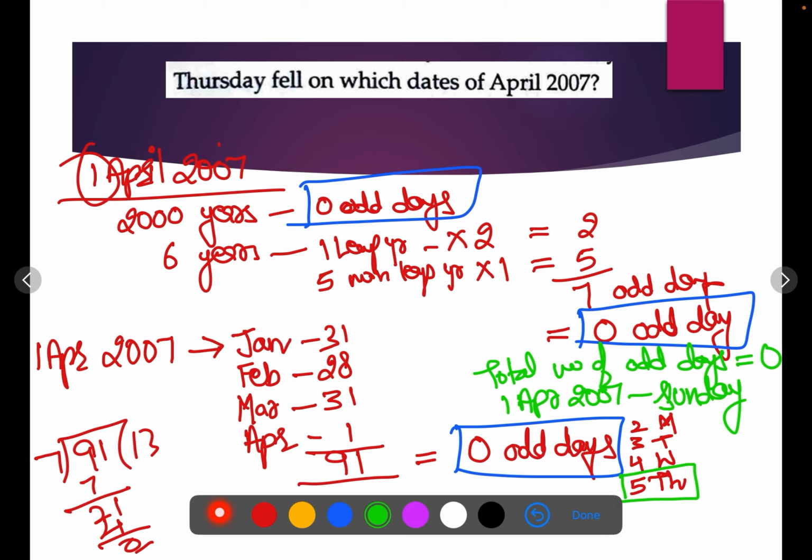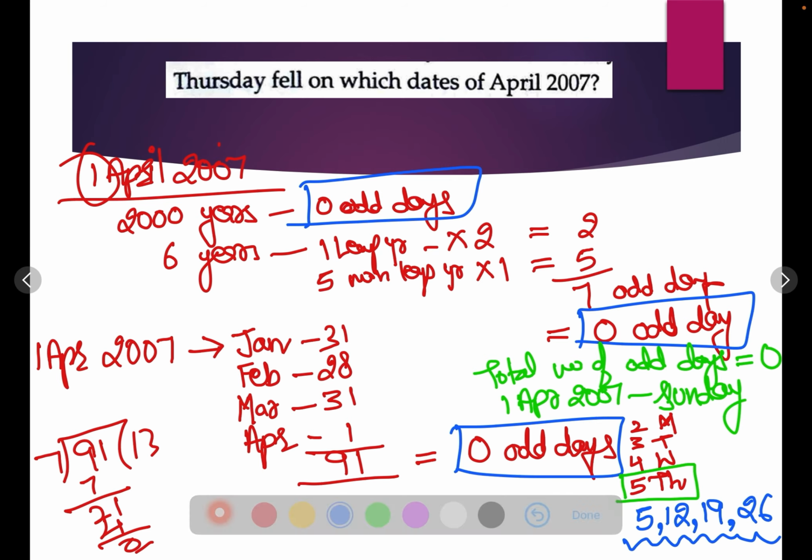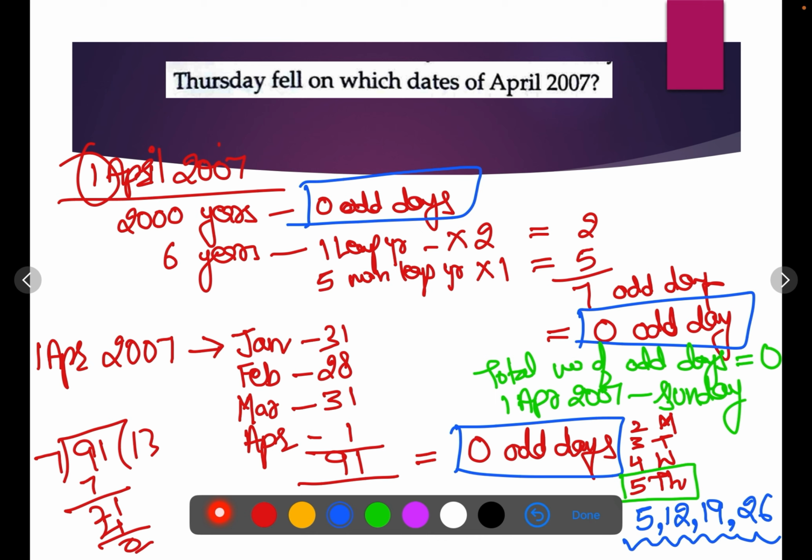If 5th is the first Thursday, then what are the dates for Thursday in the month of April? 5 plus 7 is 12, plus 7 is 19, plus 7 is 26. So I have 4 dates: 5 April, 12 April, 19 April, 26 April, when we have Thursdays.